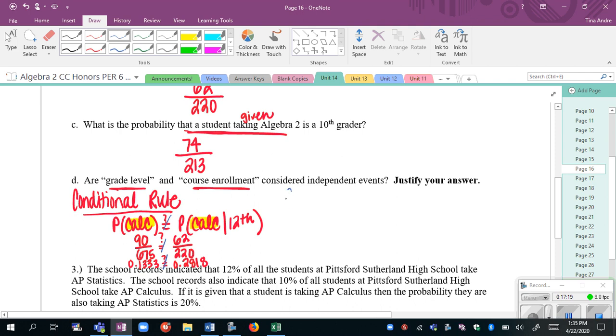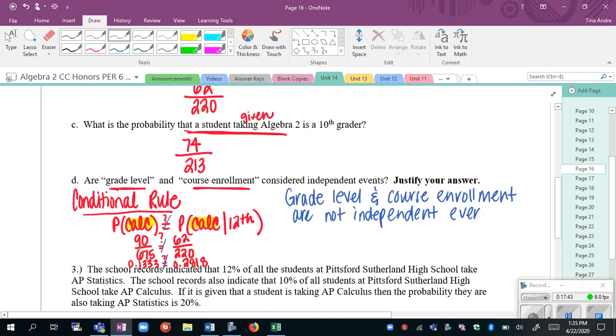So now I can answer the question, I can write my conclusion, and I can say grade level and course enrollment are not independent events because their probabilities are not equal.